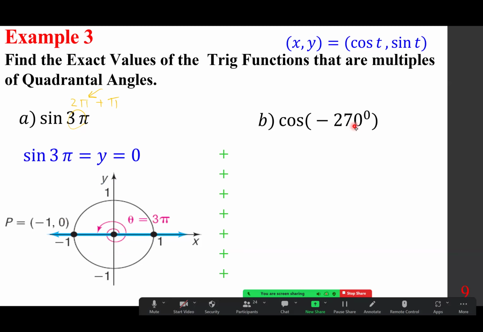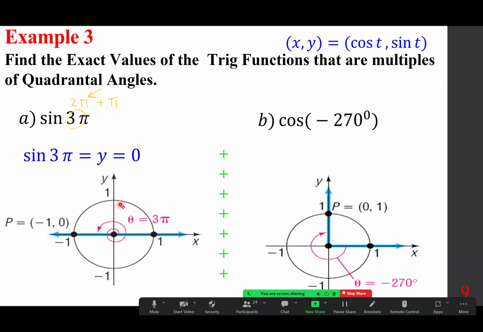Cosine of -270 degrees. So we are going to go in a negative direction, 270 degrees. So when you go in a negative direction, it puts you at this point with coordinates 0, 1. Cosine is 0, sine is 1. We want cosine.